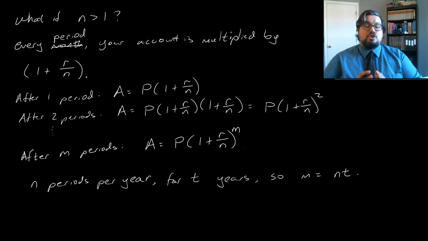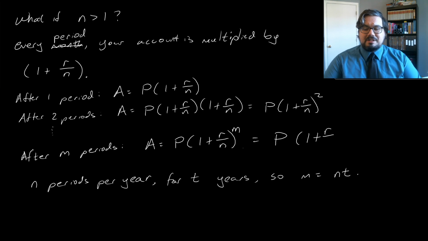So if your interest is compounded monthly and you've had the account for 5 years, then that means that you've gone through 60 compounding periods, once per month for 5 years. So this gives us the formula for compound interest, and I'm going to write it down on the next page with a full definition, but this is how we come up with it.